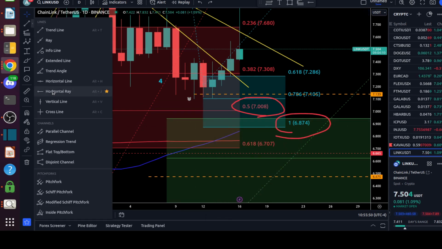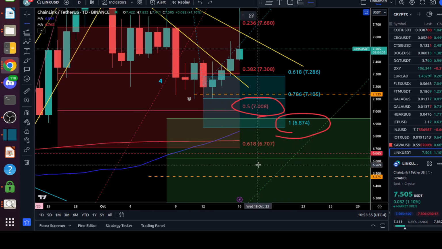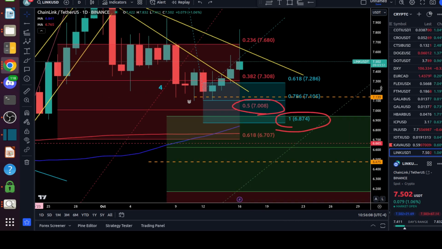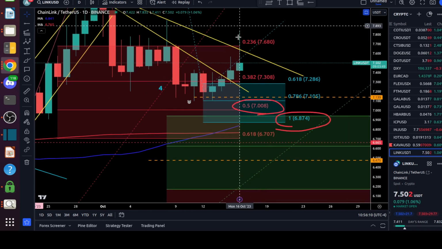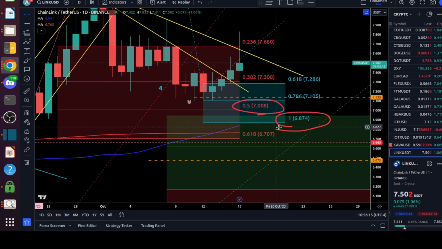Now I'm going to put a horizontal ray here at 6.64, just to give you an idea. Actually, I already have a trend line here at 6.66, so it's good enough. Anyway, it's way too low, but it gives us a reference. Also, this indicator got compromised because we had a much bigger candle now. Maybe it was 25 cents before.